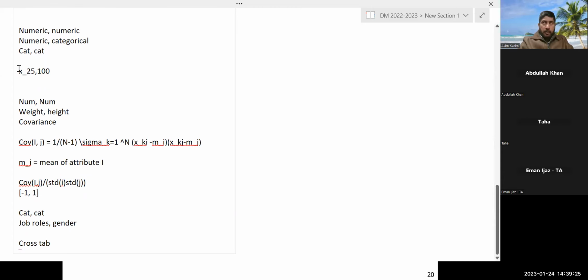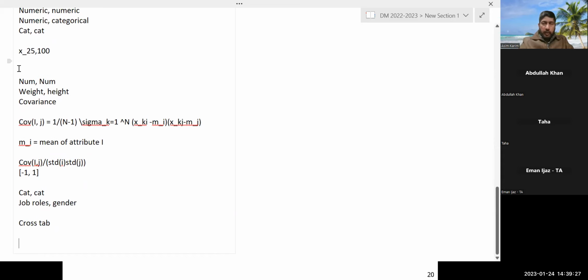Okay. So let's do that. So let me say we have gender male and female and roles हम ले लेते हैं, दो roles ले लेते हैं, basically engineer and doctor ले लेते हैं. I think typical Pakistani scenario.